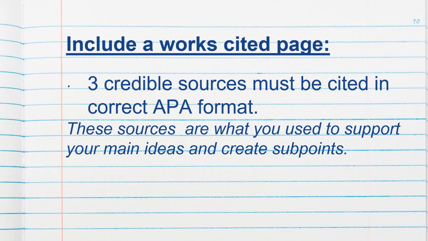Please make sure to check the parameters for what types of sources will be allowed. Also, these sources are what you used to support your main points and create subpoints. So I should be able to see from your works cited page similarities between the sources there and the sources in the brackets in your outline.